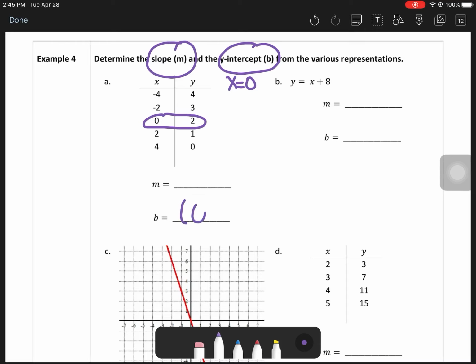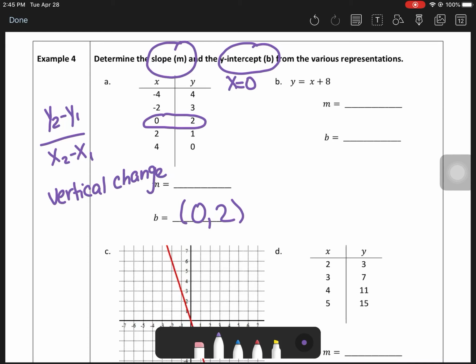So our y-intercept is at (0, 2). Remember, to find our slope, we can do y2 minus y1 over x2 minus x1, which is our vertical change over our horizontal change.